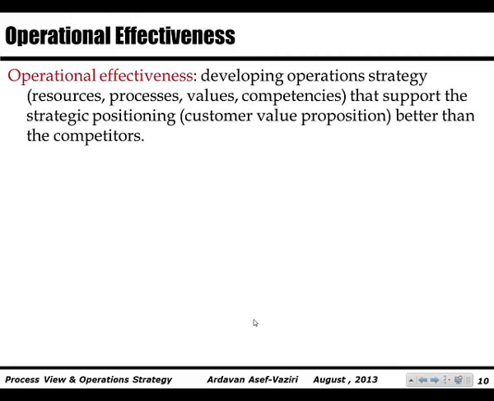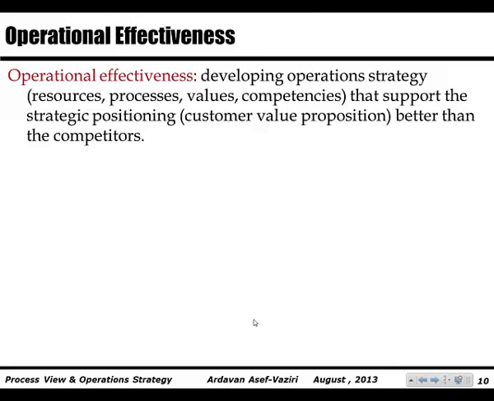Operational effectiveness means developing operational strategies in terms of resources that we have or we need, processes, value system, and competencies in four-dimensional space of cost, quality, flexibility, and time that support our strategic positioning, which has been defined in terms of customer value proposition, better than our competitors.